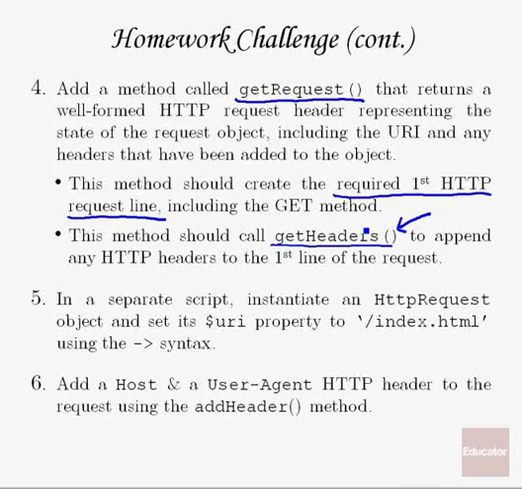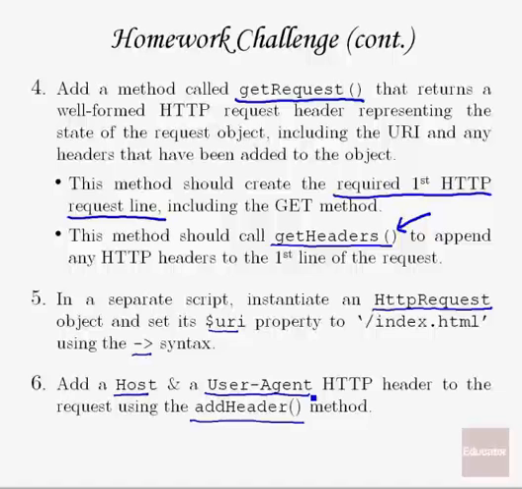Then just in a separate script, I want you to instantiate an HTTP request object, set the URI property to index.html, and you can just use the object accessor syntax. Then add, using the addHeader method, two HTTP headers, one called host and one called user agent, which are both real HTTP headers. You can set them to whatever value you want.